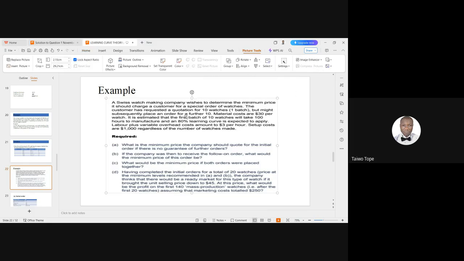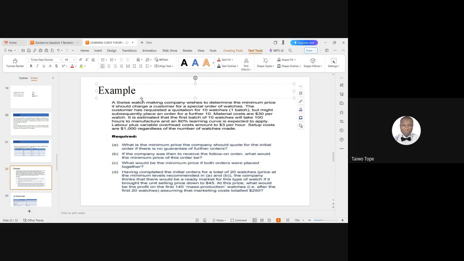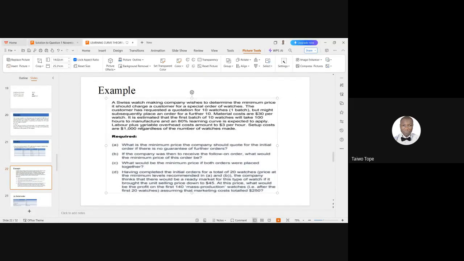This is a question I've adapted from the Kaplan performance management text. It's a very good question with many more issues, so I will forward it also. You read and see what you can come up with. When we meet, we'll also solve this. It is very good to broaden our horizon on the concept of learning curve.